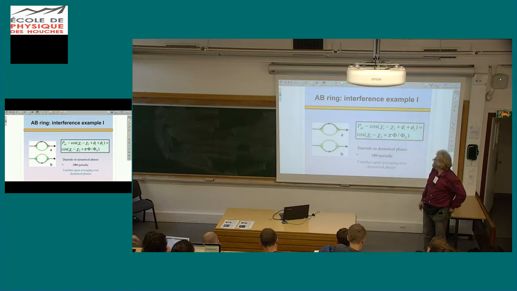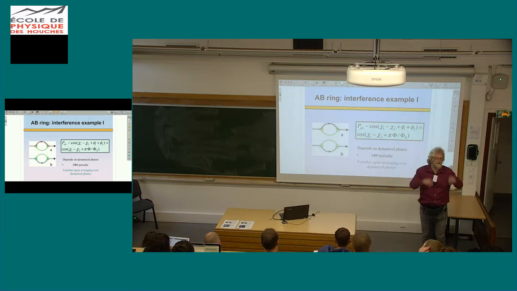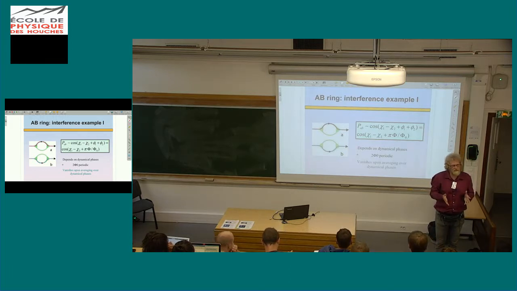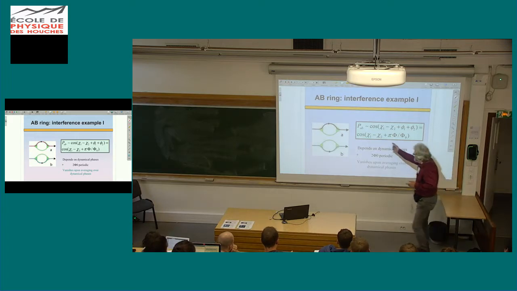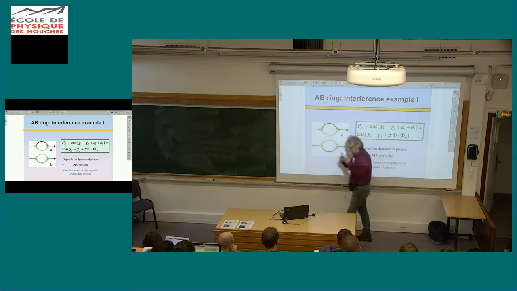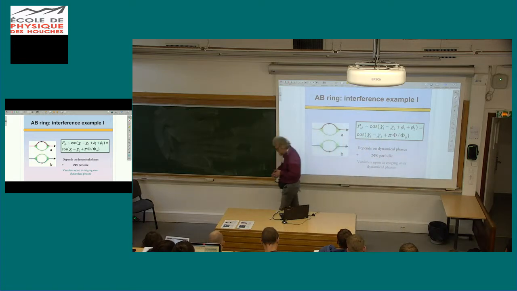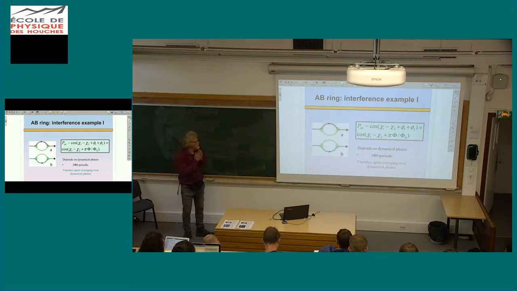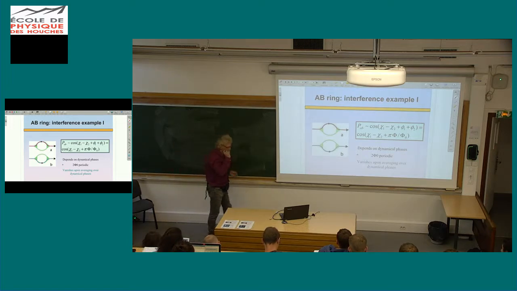What is interesting to note? Suppose there are many trajectories like this, and different trajectories will have different dynamical phases. So if there is a contribution from many trajectories, it's supposed to vanish because of the oscillating nature of this term. If you average it over dynamical phases, it will go away. Good, it looks like interference should go away.